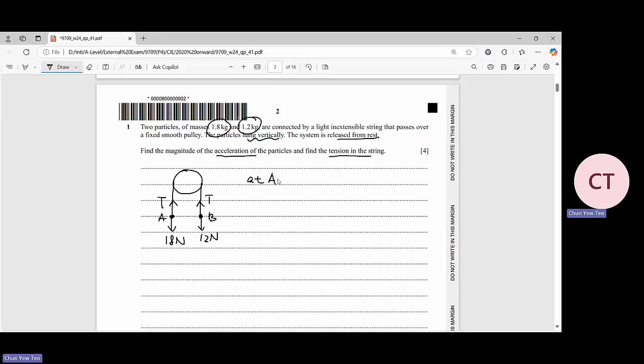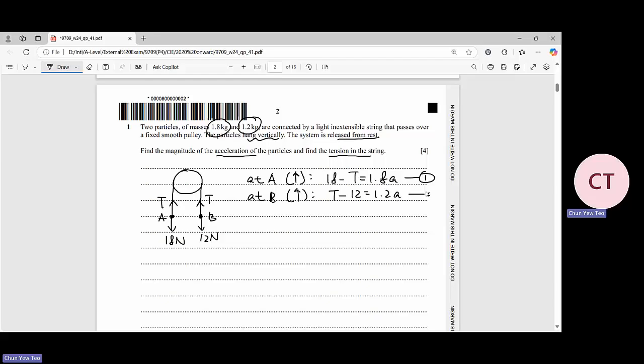At A, when I resolve the forces vertically, I will have 18 minus T is equal to 1.8a. That will be my first equation. And at B, if I resolve the forces vertically, I have T minus 12 is equal to 1.2a.